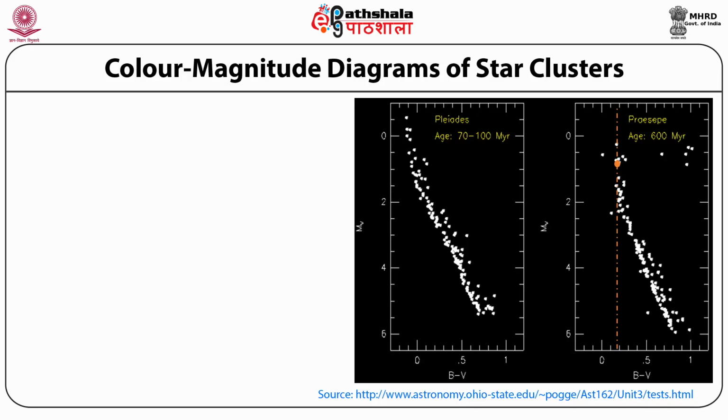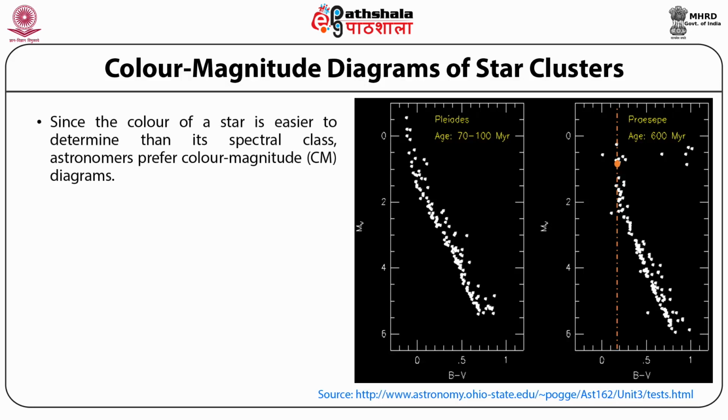Since the color of a star is easier to determine than its spectral class, astronomers prefer color magnitude CM diagrams.